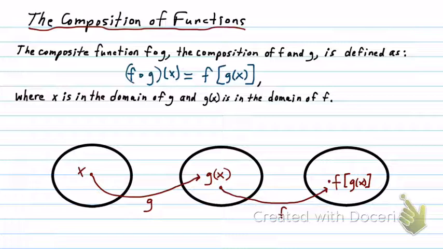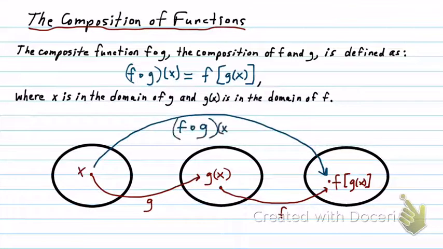So that's basically the idea here. Now this composition of functions gets us there in one step. So f of g of x is equal, we already said, to f of g of x.